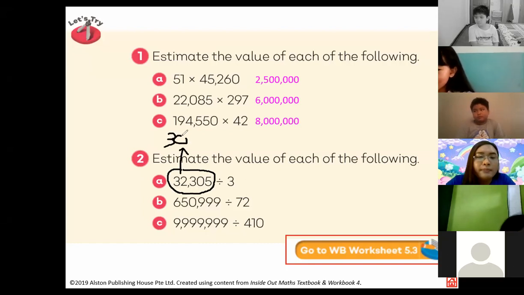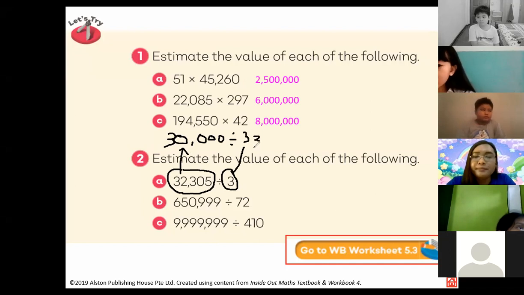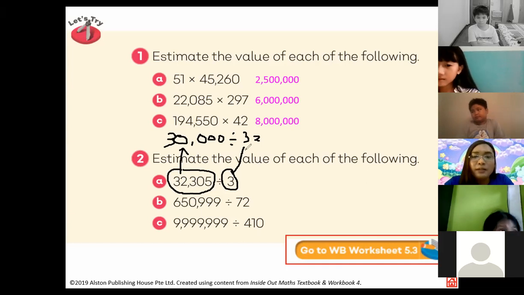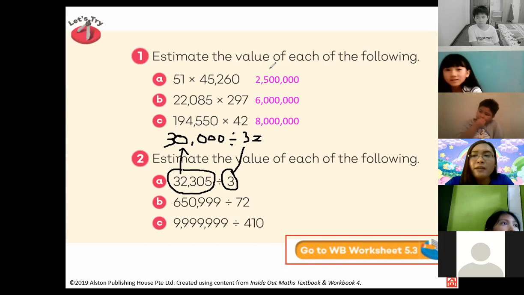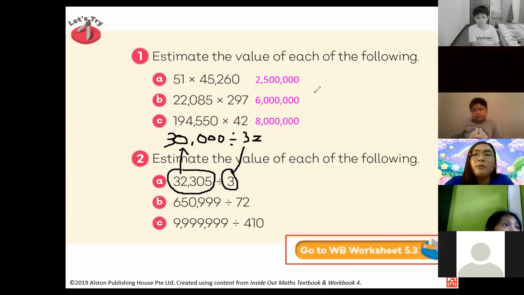So that's 30,000 divided by 3. What's the answer, class? 10,000. Okay, very good. So the answer for letter A is 10,000.